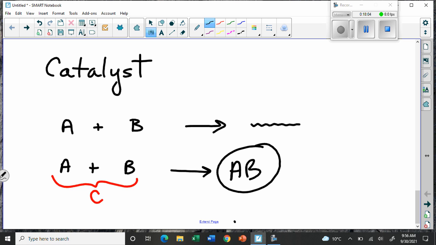The C happens to be there, and it somehow makes it happen. It's like if you had two friends that you wanted to set up on a date. Well, if you just waited for them to meet, they may be too shy, they don't know each other, they might never meet. But if you went with them for the first time just to introduce them and say, hi, here's my friends, you could help them meet faster.